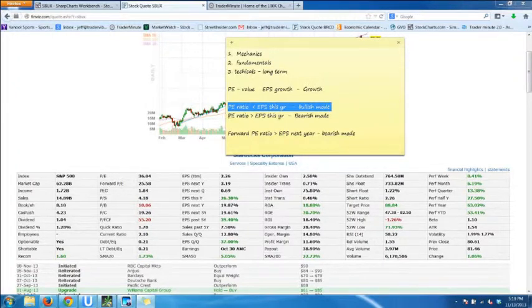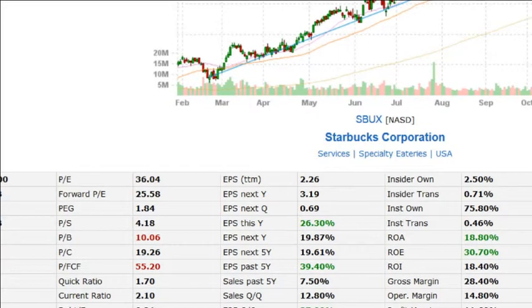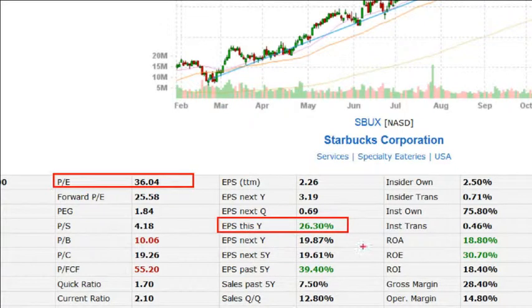When the PE ratio is greater than the earnings per share this year, we're talking about something where maybe the value is a little bit expensive for the amount of growth that it has. And one of the things about Starbucks, if we look here at the value and growth, look at the PE ratio. It's up here at 36. Look at the earnings per share this year at 26.